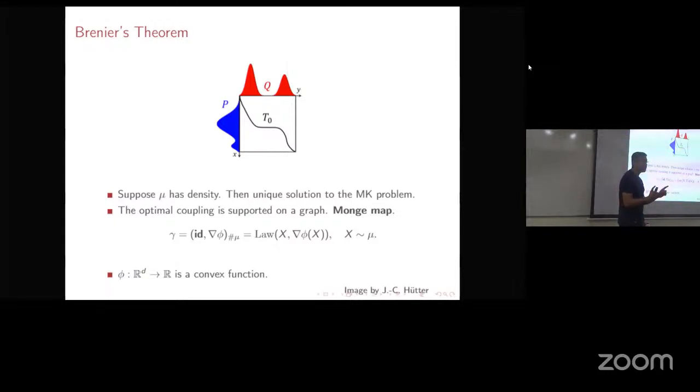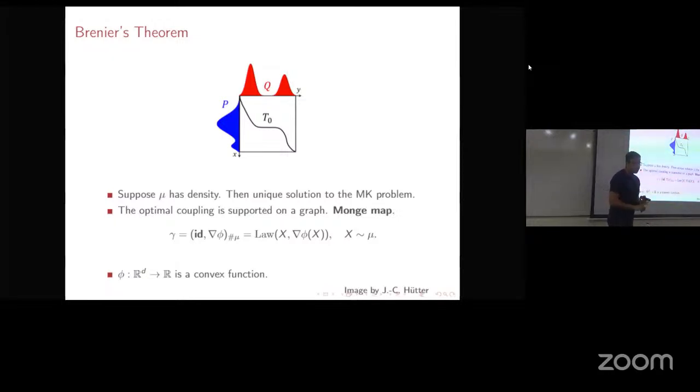First non-trivial statement: given any mu and nu, if mu has a density, there will always exist a convex function such that if x is sampled from mu, then the gradient of phi applied to x has distribution nu. The second non-trivial statement is that this coupling, where you look at x sampled from mu and the gradient of phi of x, whose marginal now becomes nu, must be the unique solution of the Monge-Kantorovich problem.